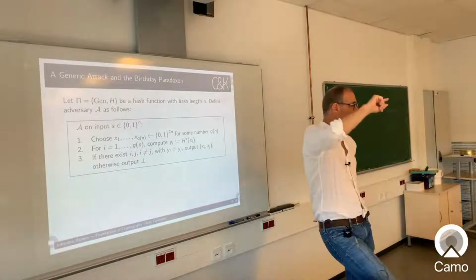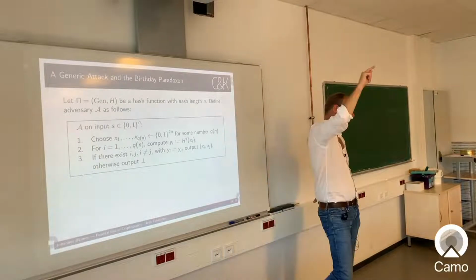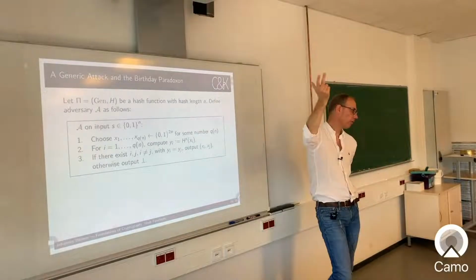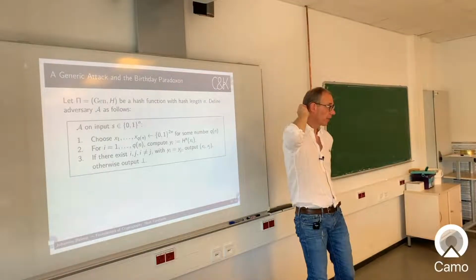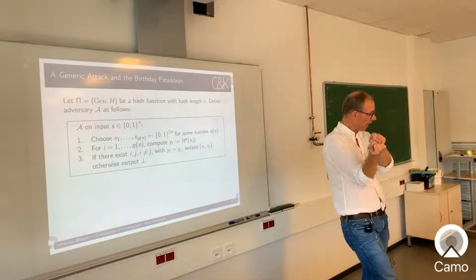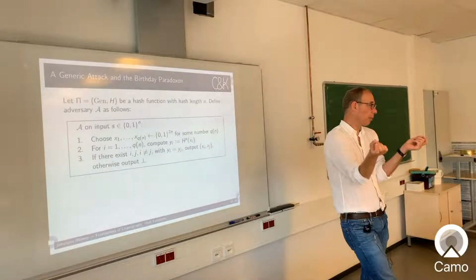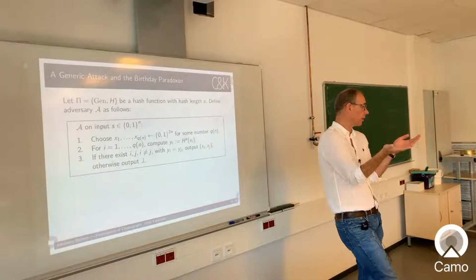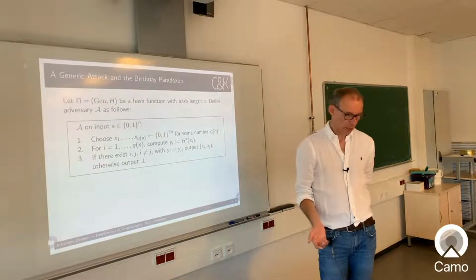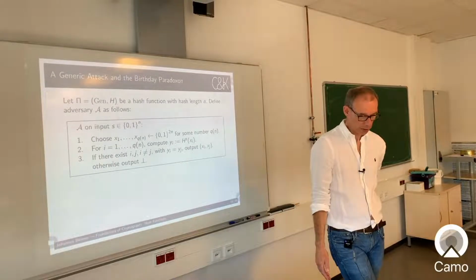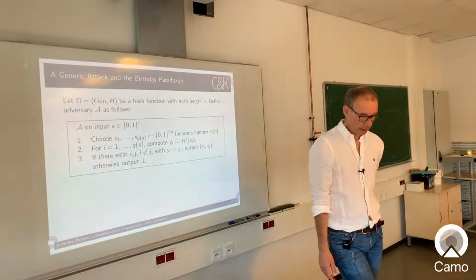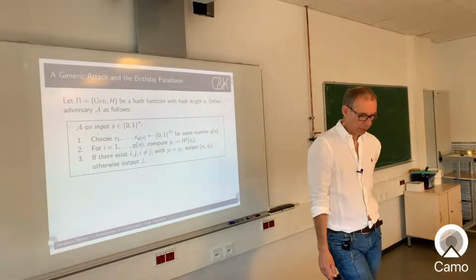So it's the square root of 2 to the hash length that we need for the best known algorithms there. And if you want to have the same security level for the encryption schemes and for the hash functions, you'll see that we need to double, we have to have the factor of 2 between the two. Right? So that's the reason why in almost all recommendations you will see this factor of 2. And so we want to explain this attack.